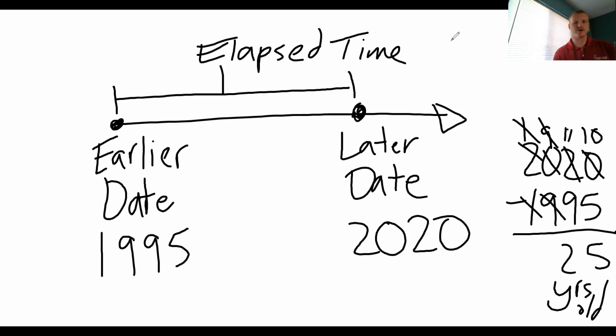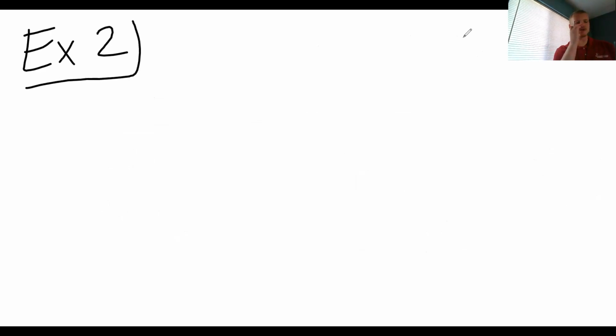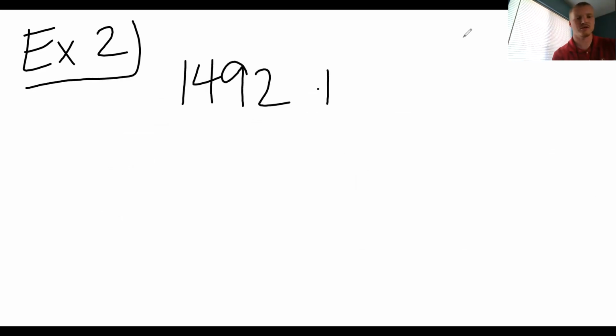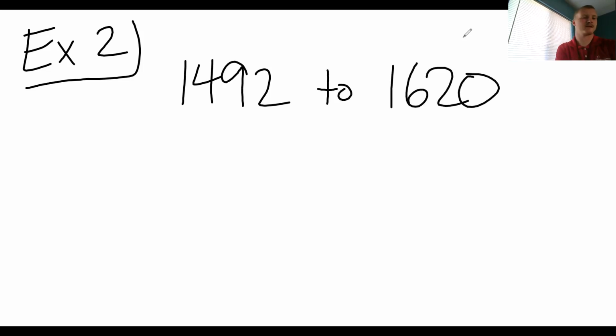So let's try one of those examples, kind of like the example I gave just now. Example 2: how many years were there from 1492 to 1620? Okay, so how would I figure this out, Grace?